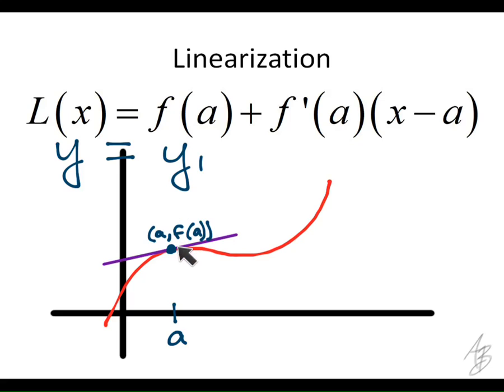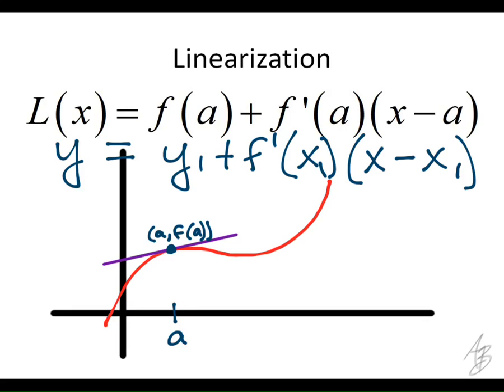So the value of y at the point we might call y1 here. And a is the value of x at that point, so that might be x1. So this would be f prime of x1 times x minus x1.